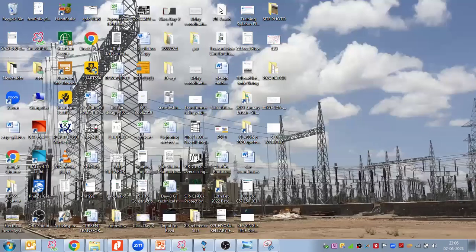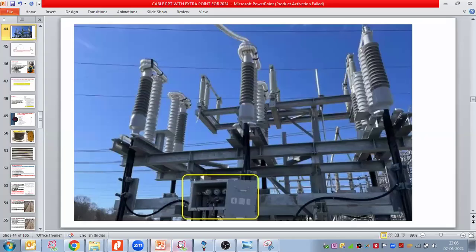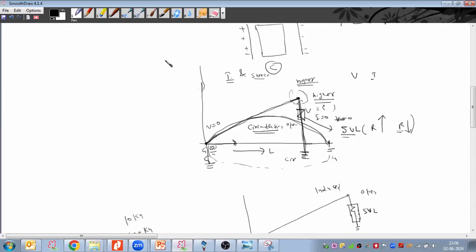Any other query? Sir, you covered the sheath voltage calculation. Is any document available, sir?